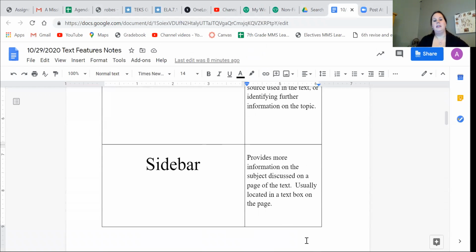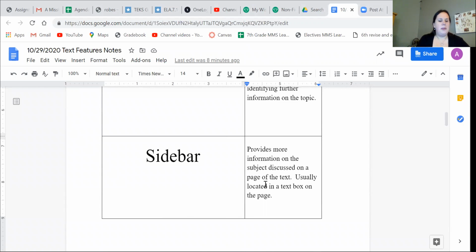Okay. We have sidebars. You do use sidebars in your science class, and I know you use them in your social studies class, especially if you look at the text. If you're using a textbook, there could be a little text box or maybe a circle with some information on it out to the side, maybe in a margin. If that has any information about the overall text, that is a sidebar.